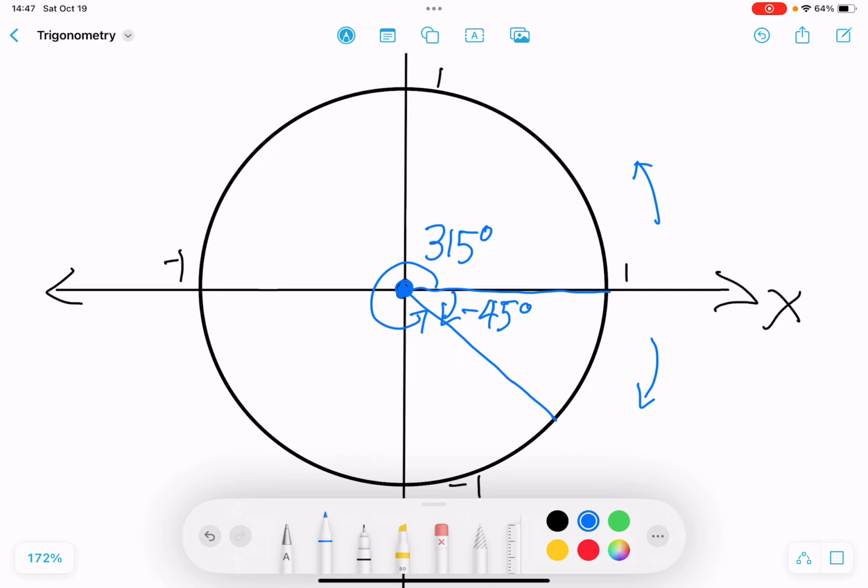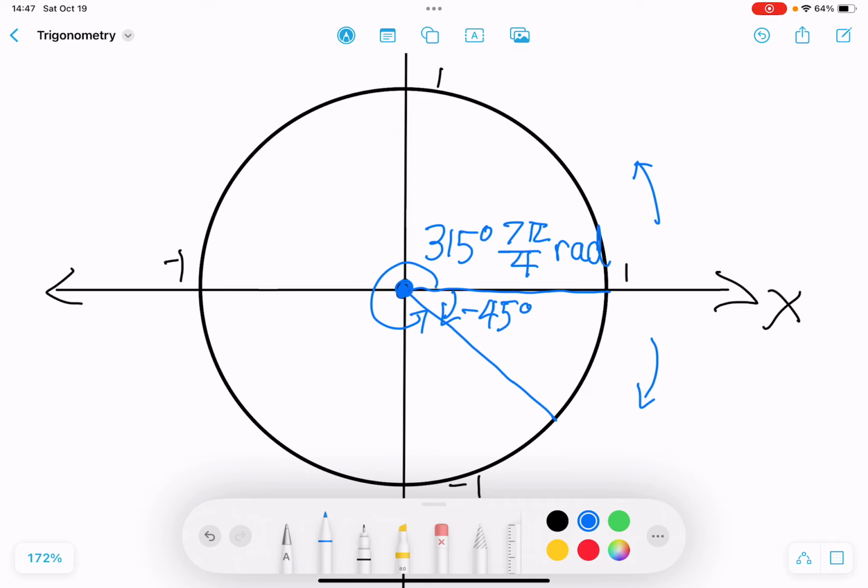Or in the world of radians, you can say that 315 degrees is just 2 pi minus pi over 4, so 7 pi over 4 radians.